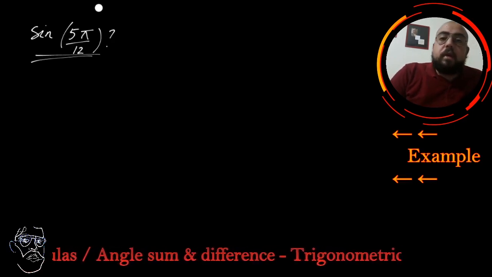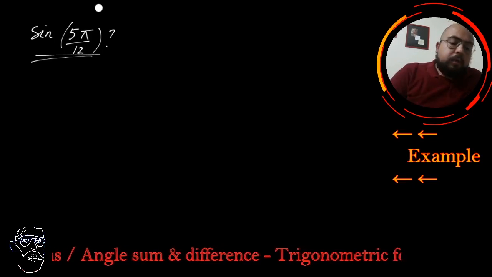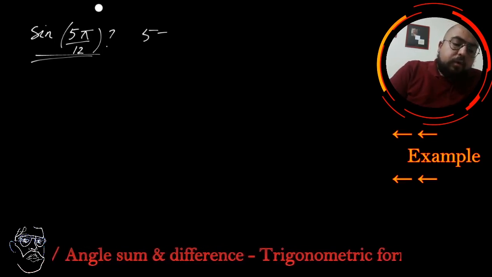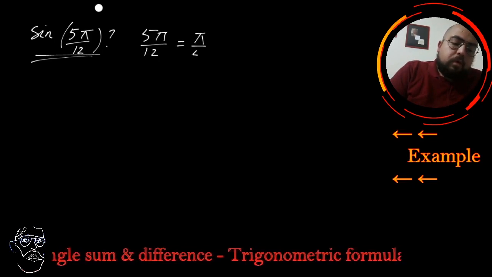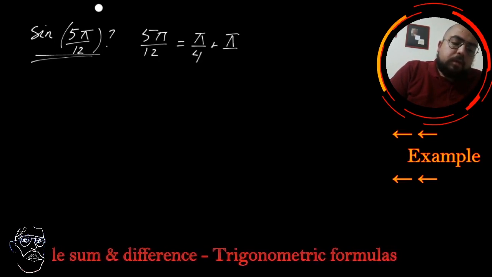Alright, so this is the example that I have. I will have to say that 5 pi over 12 is actually pi over 4 plus pi over 6.